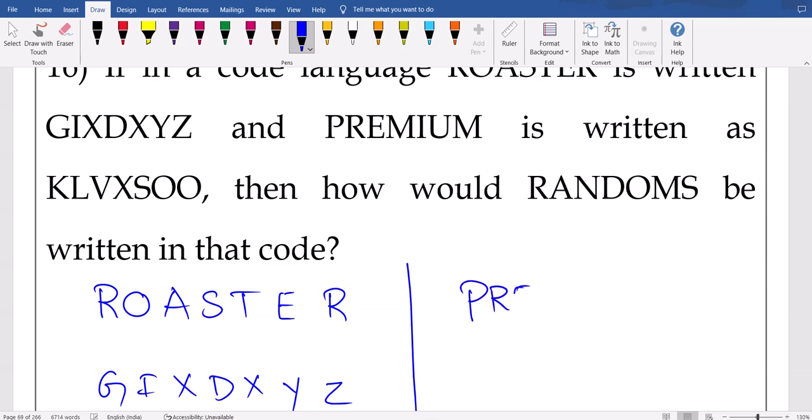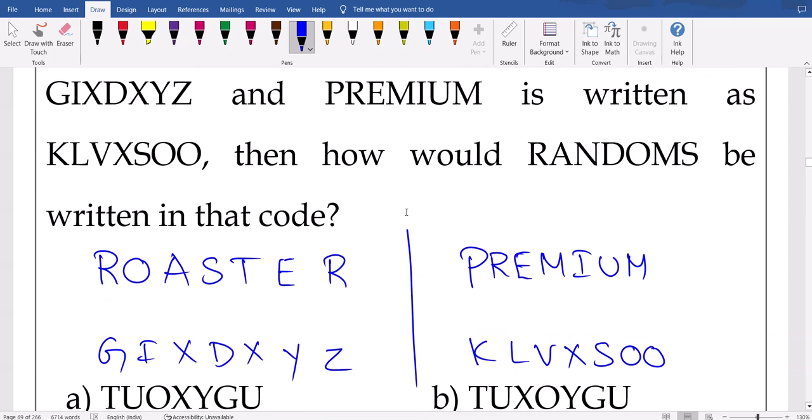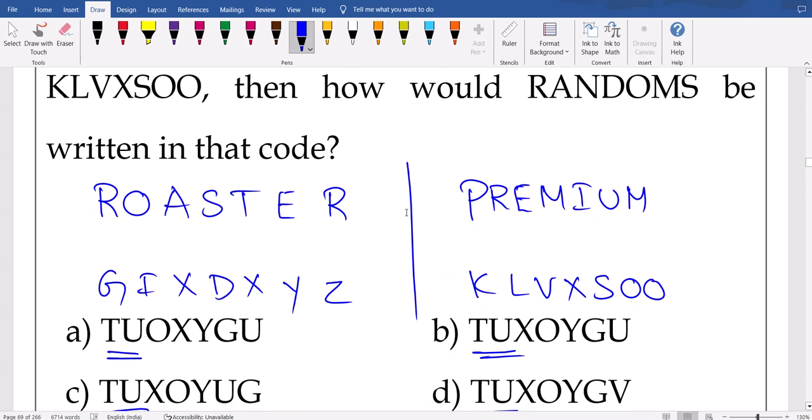Premium is given as KLVXS. Right, so randoms is written as what? That's the question, and it starts with TU.